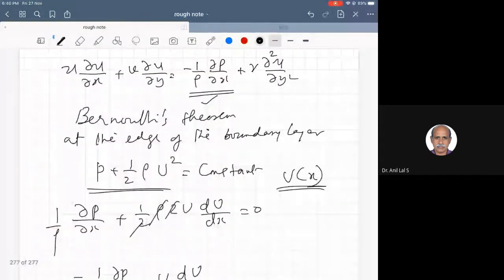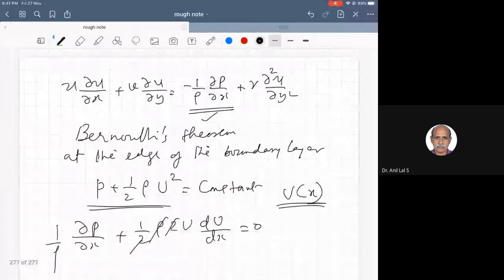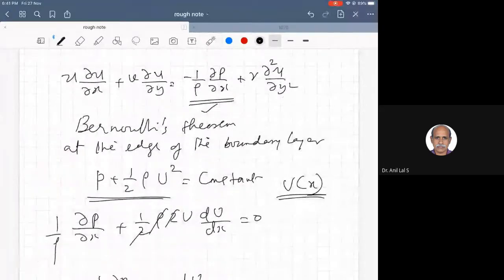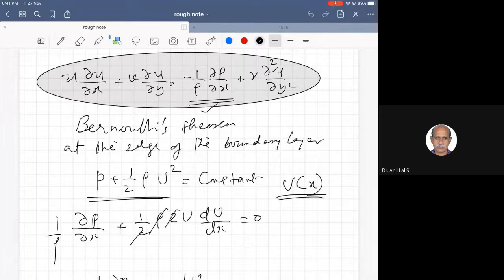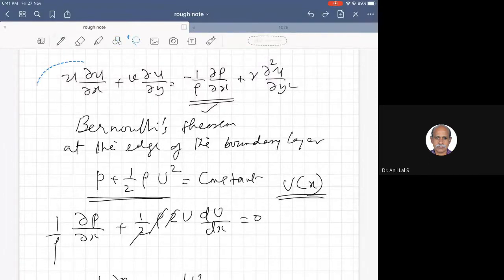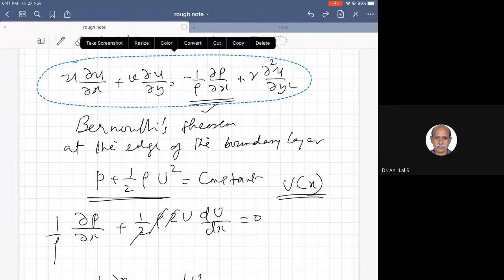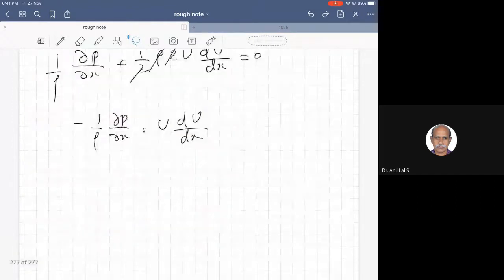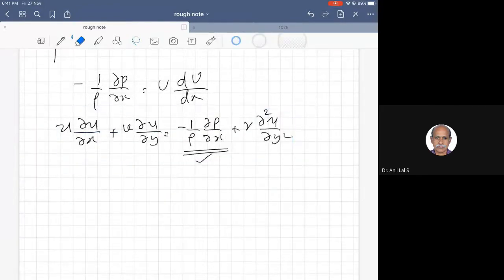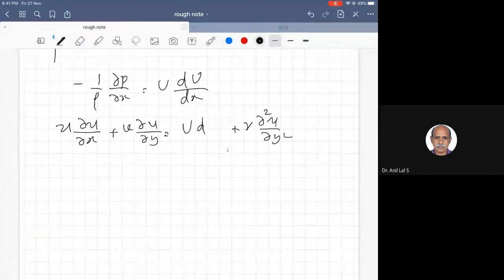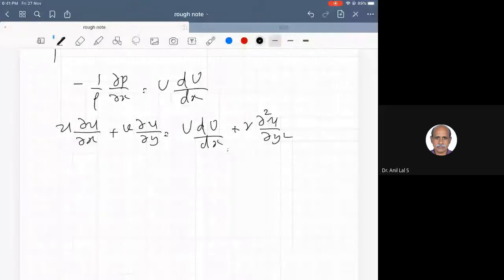So this equation can be rewritten. The pressure gradient can be rewritten in terms of the potential flow velocity gradient along the direction of flow, as U dU by dx, and we know that this is of the order of U squared by x.